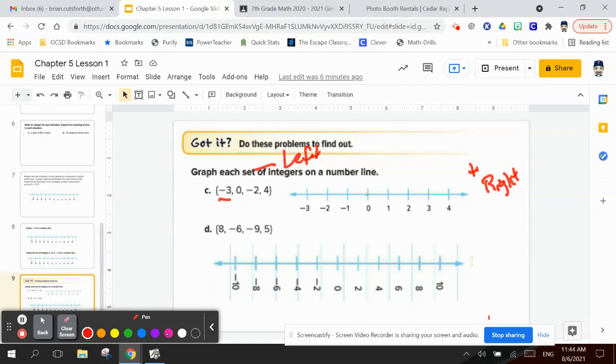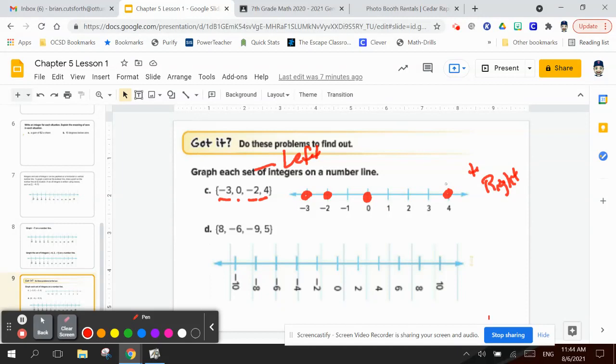They're counting by 1, so I go back 3: 1, 2, 3, and put a dot. 0, it's not a negative, it's not a positive, it's right here in the middle. So there's 0. -2, there's that negative sign again, so I know it's to the left of 0 to -2. And 4 is positive because it does not have that negative sign, and I go right to the number 4.